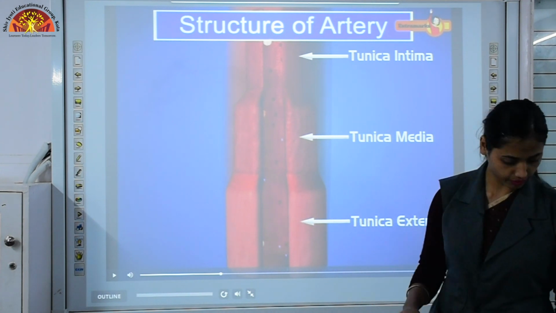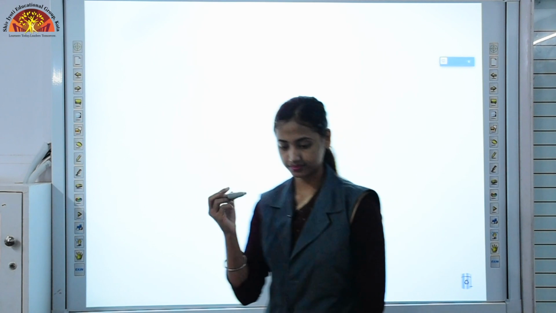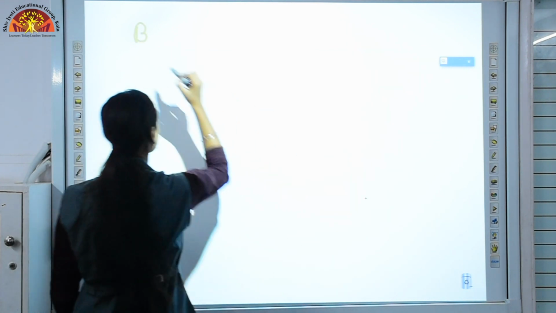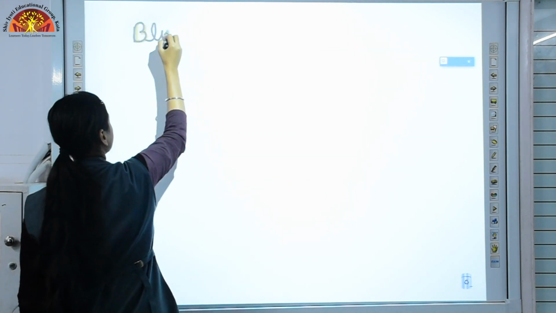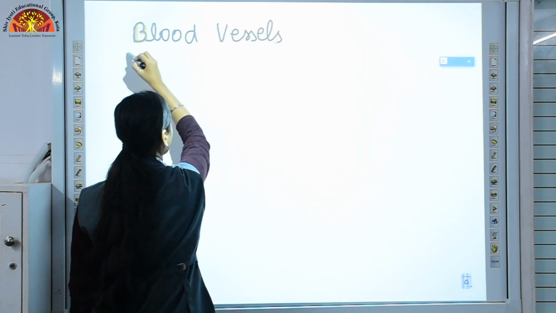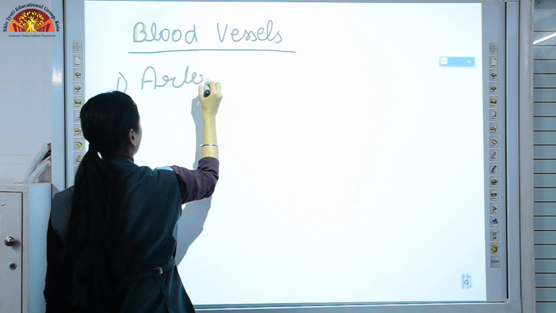This is the structure of an artery. Let's look here about artery. We are discussing blood vessels. The first type is artery.